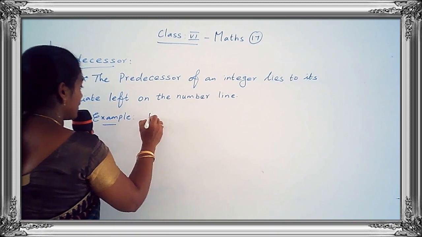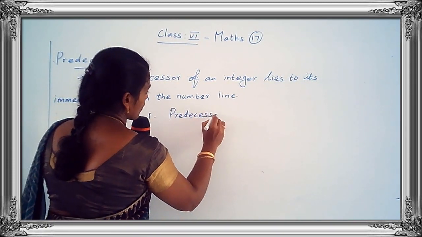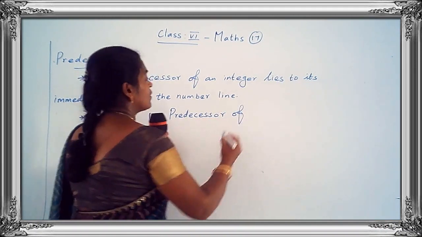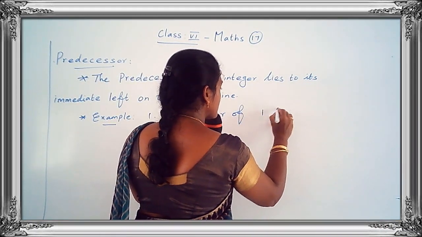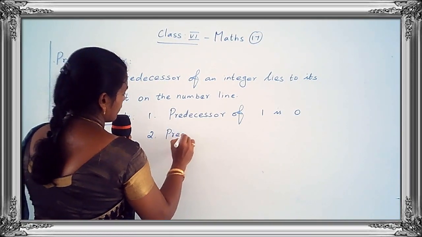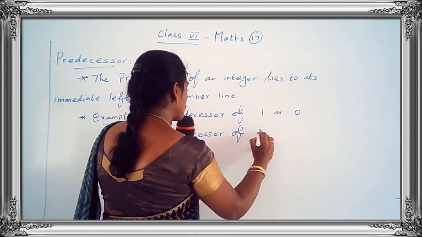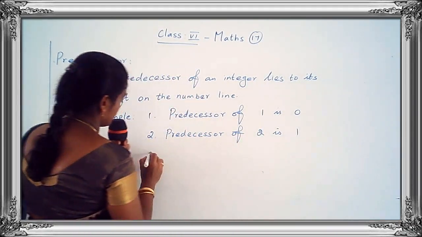Okay. Example: predecessor of 1 is 0. Predecessor of 2 is 1.